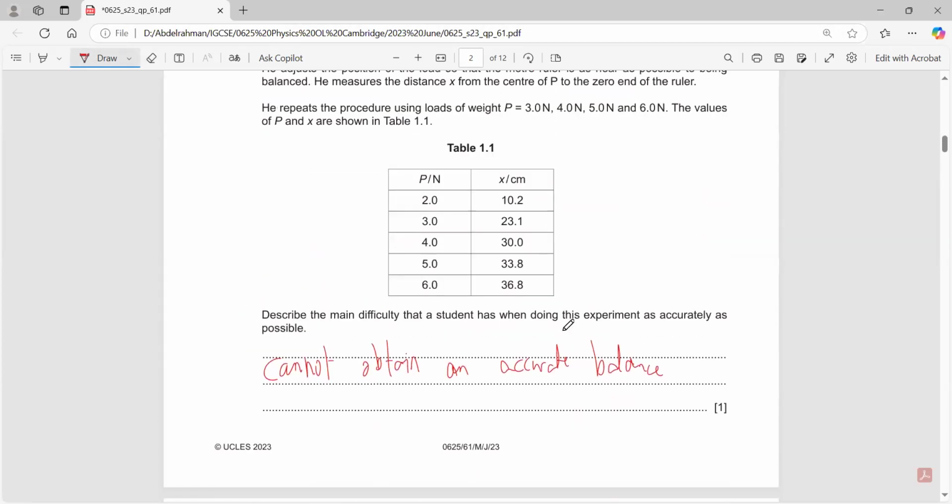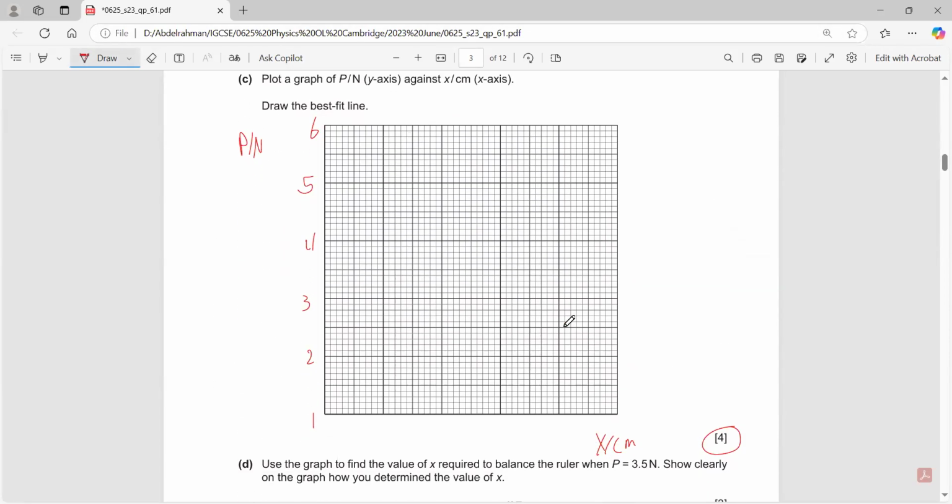So up to at least 40: 10, 20, 30, 40. Let's use 10 on the x-axis.